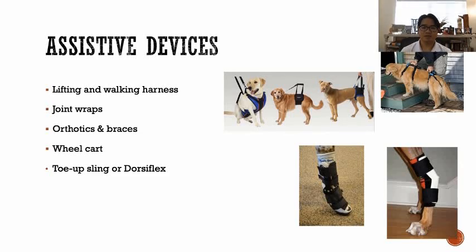And if patients have a CP deficit, keep dragging the hind limb due to weakness or IVDD, then you can consider devices such as toe-up sling or dorsiflex that help the dog to walk better without dragging their feet.